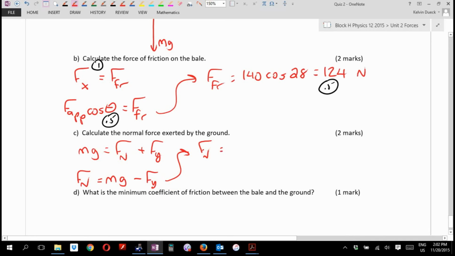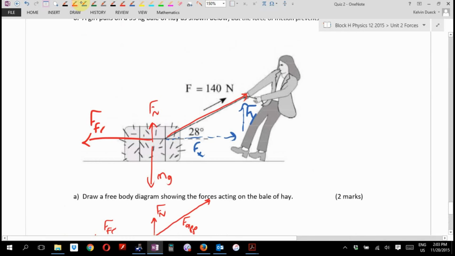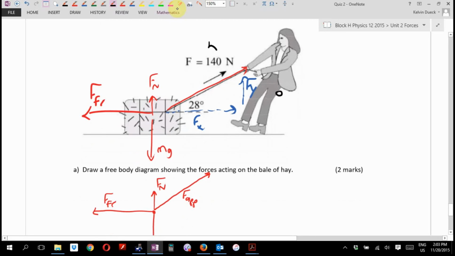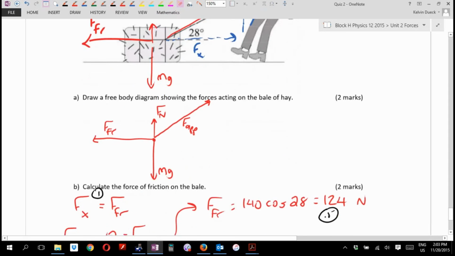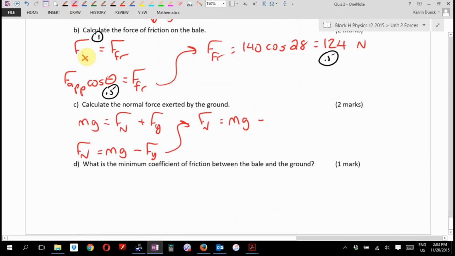Normal force equals mg, take away Fy, opposite, so sine: 140 sine 28.